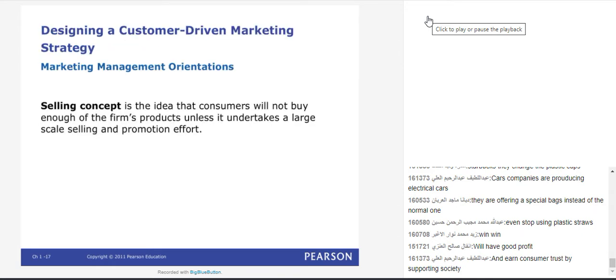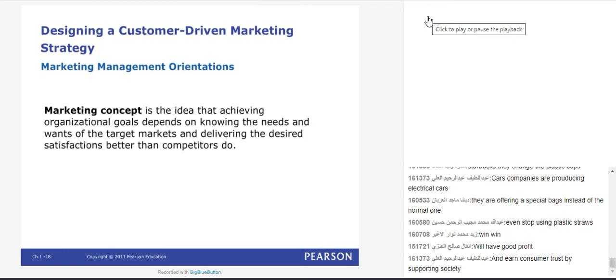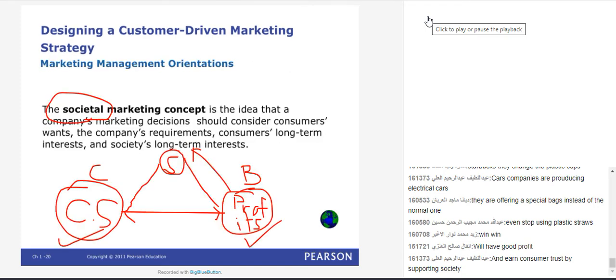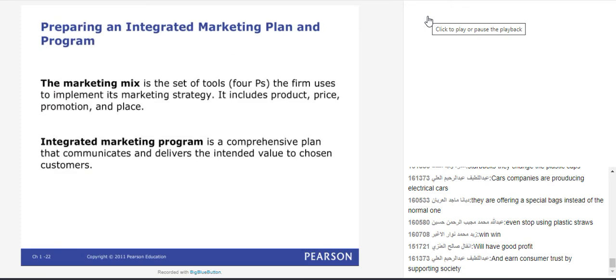What slides were we in? Exactly, the marketing plan. This is the third step, the integrated marketing plan and program. We move now to the marketing mix.